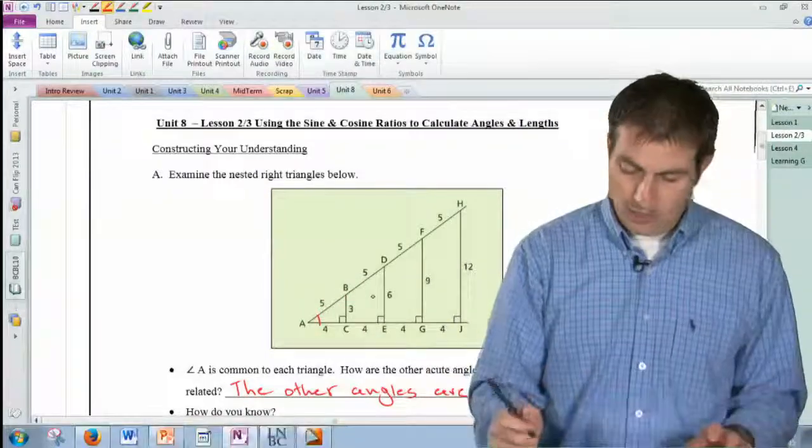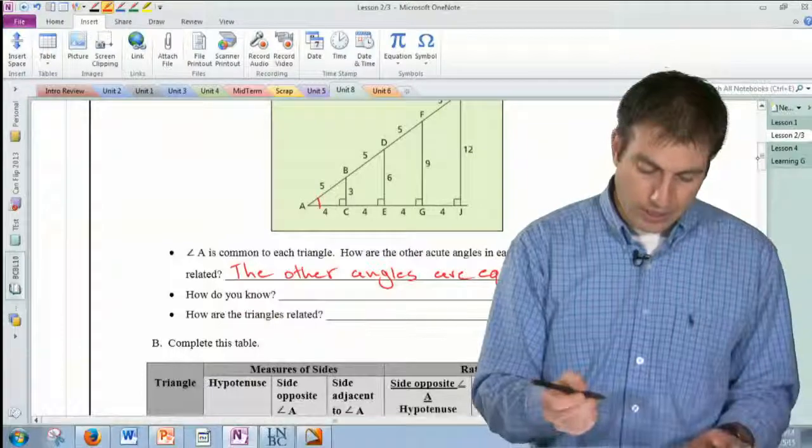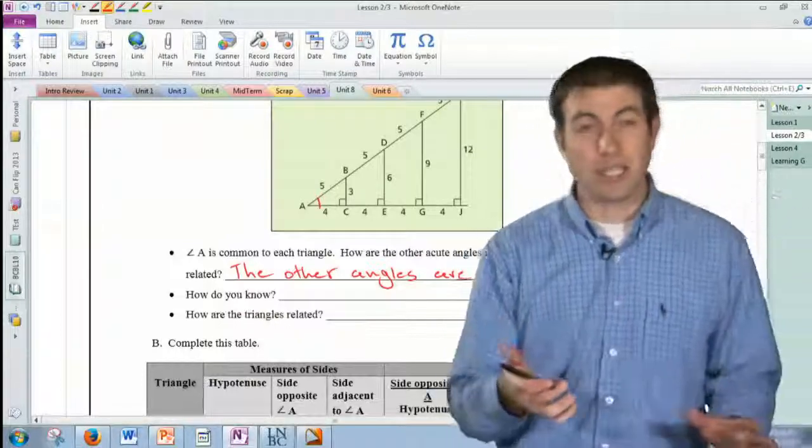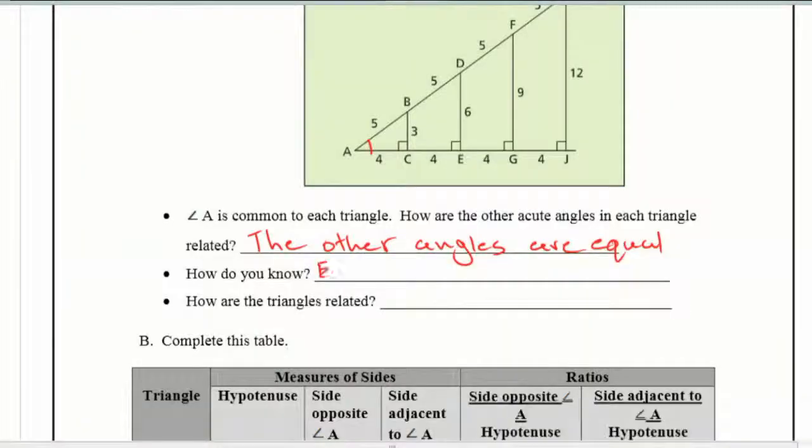So going back to the idea that each triangle contains 180 degrees worth of angles, we could write each triangle contains angle A and a 90-degree angle.